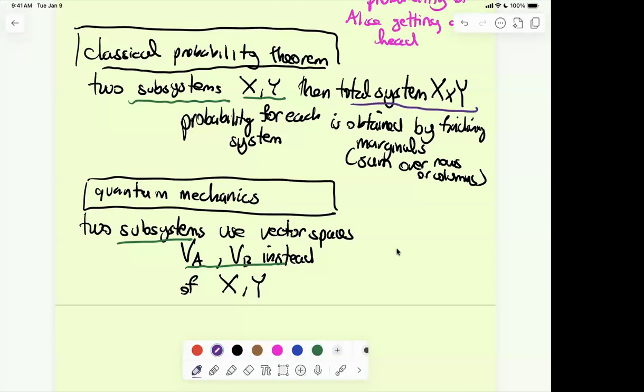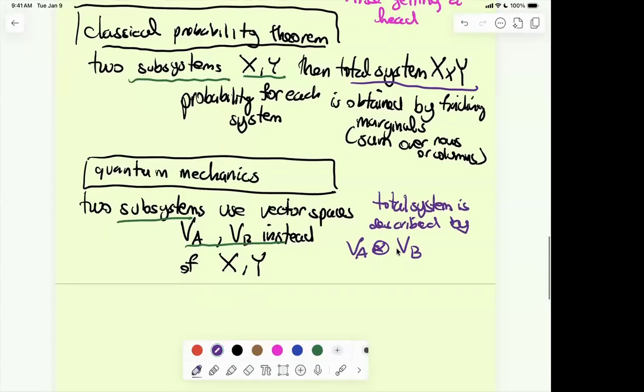And what replaces finding the marginals is what they refer to as finding the reduced state, the reduced density matrix, which is what I'm going to tell you about today, a very fun idea.